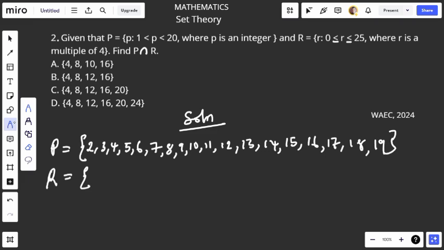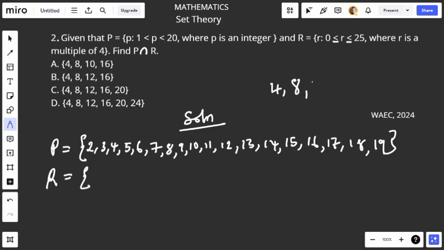So, what is a multiple? A multiple is a number that is a number of times greater than another number. Take for instance, multiples of 4: 4 is a multiple of itself. The next multiple of 4 is 8, because 8 is 2 times 4.